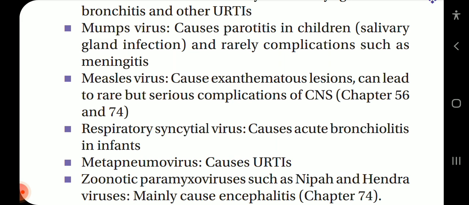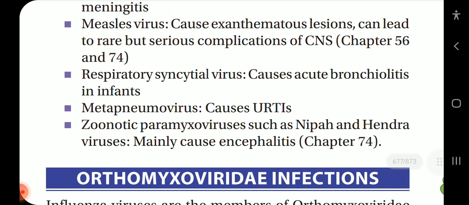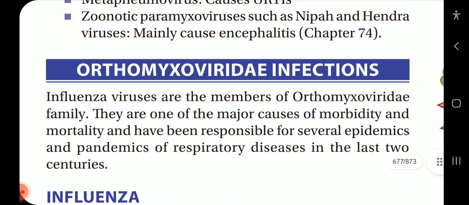The measles virus causes exanthematous lesions, can lead to rare but serious complication of CNS. Respiratory syncytial virus can cause acute bronchiolitis in infants. Metapneumovirus causes URTIs, and zoonotic paramyxoviruses such as Nipah and Hendra virus mainly cause encephalitis.